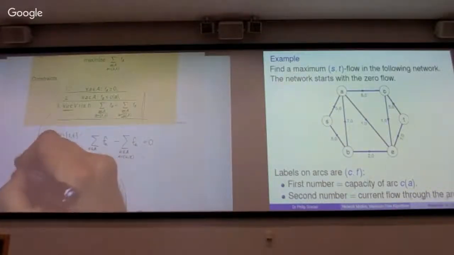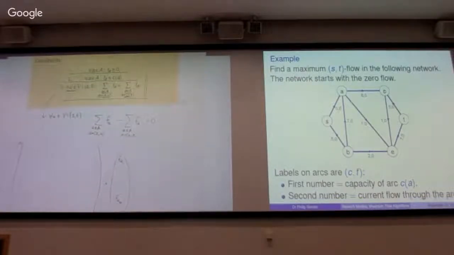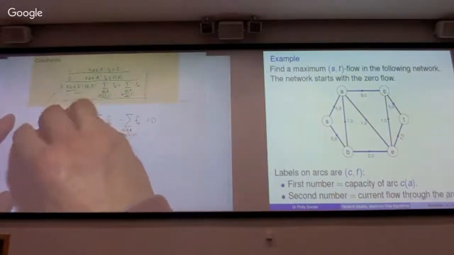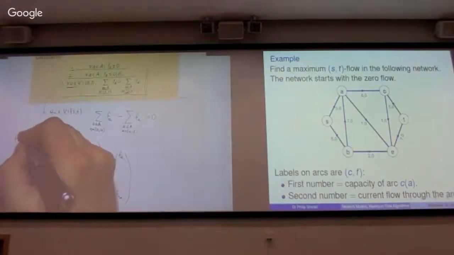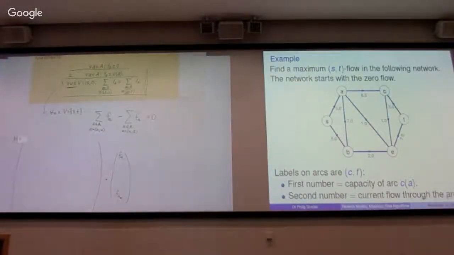This is what we call A in the matrix notation of linear programming, but it's somewhat unfortunate that I've used A for the set of the arcs. Maybe I should have called the set of the arcs something else. It's confusing. I'll choose not to call the matrix A. Call it M. So instead of Ax less than or equal to b, we have M times something less than or equal to b.